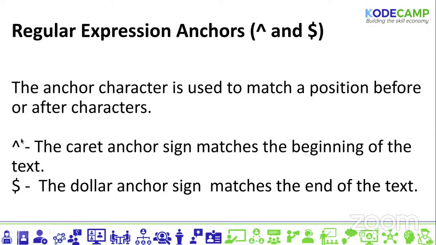So we use this to match what a word should begin with. Then we use the dollar sign to match the end of a text. So we say that this text should end with this particular set of letters.